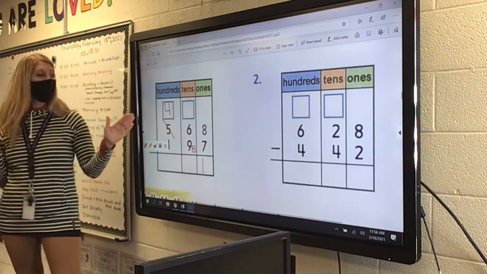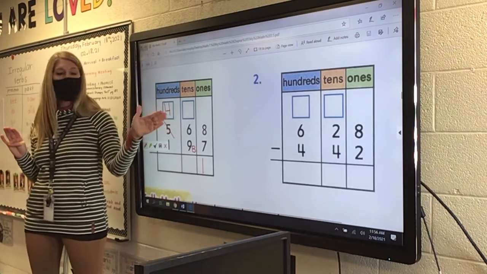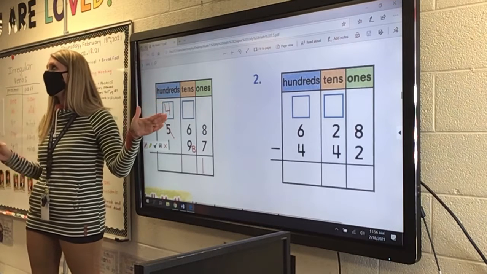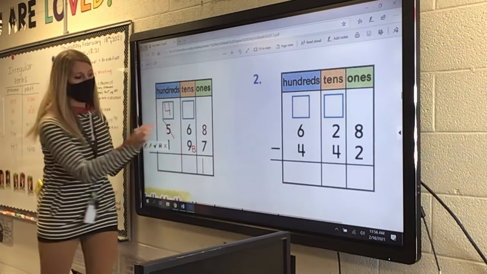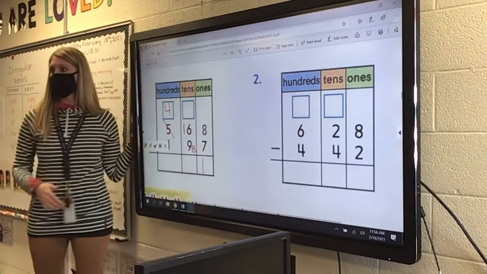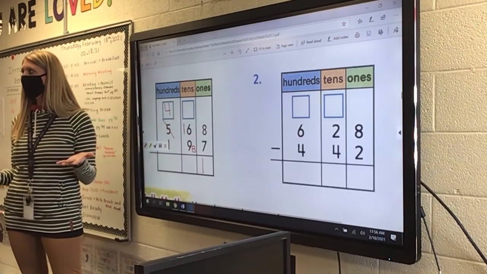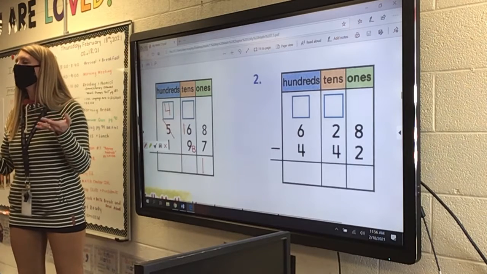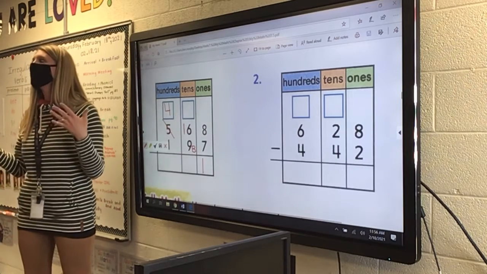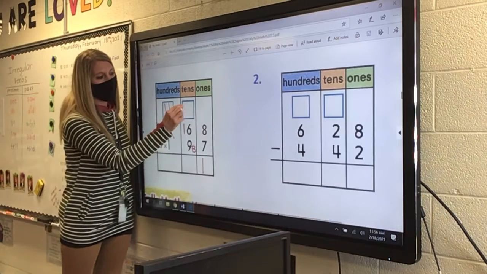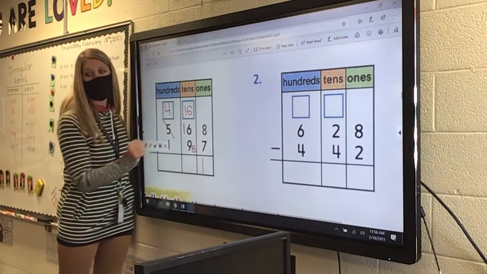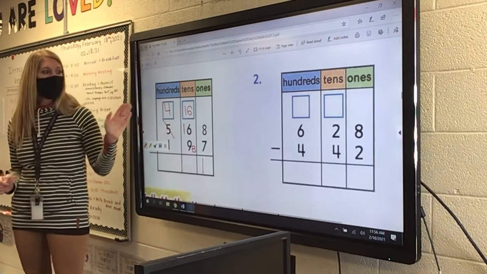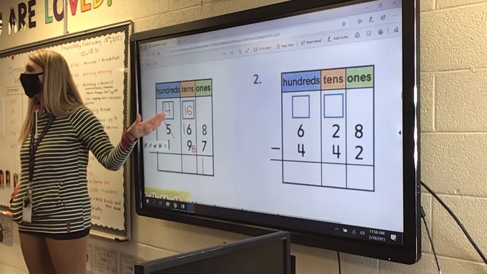400. Now I'm going to move those 10 sticks over here. So now I can put a 1 in front of there, and it's like having 10 plus 6, which is 16. So put a 1 there or put 16 at the top, either one. Now I can do that.